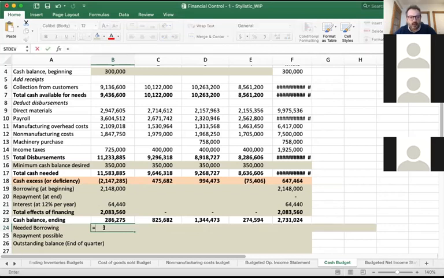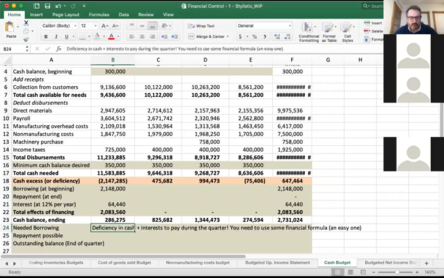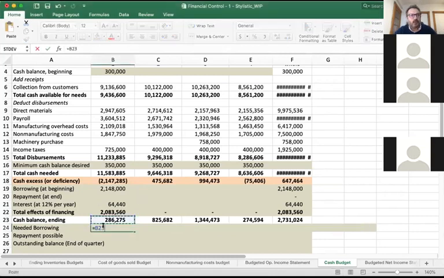The needed borrowing would be, let me check first before I make some mistakes, this amount plus the interest. So multiply by 1 plus 12% for 3 months out of 12. So this is what we should borrow.